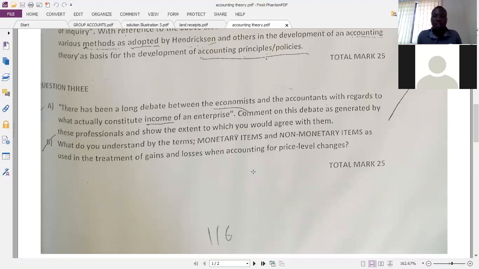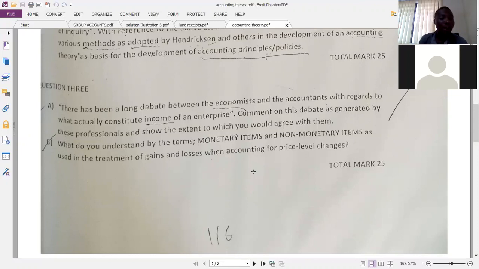So the economists and the accountants: what the economists, Adam Smith and his people, call wealth is different from what the accountant also calls wealth. When you talk about income, the economists will tell you, hey, the money in your pocket is your money. That's the income to you. In fact, when you go to the churches and you mention income, it is different for them.